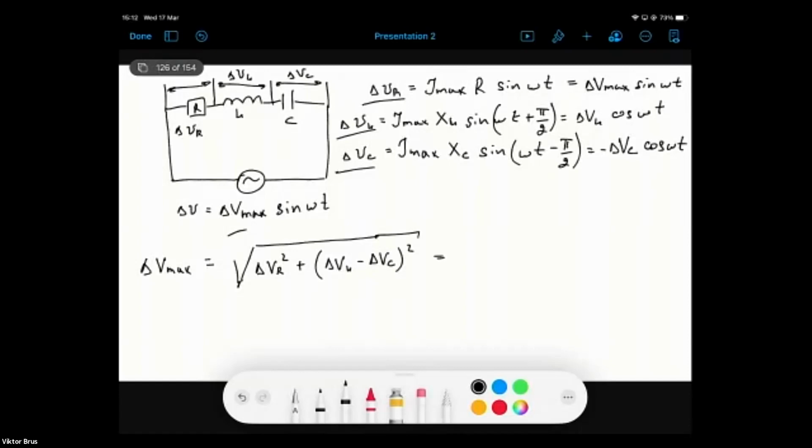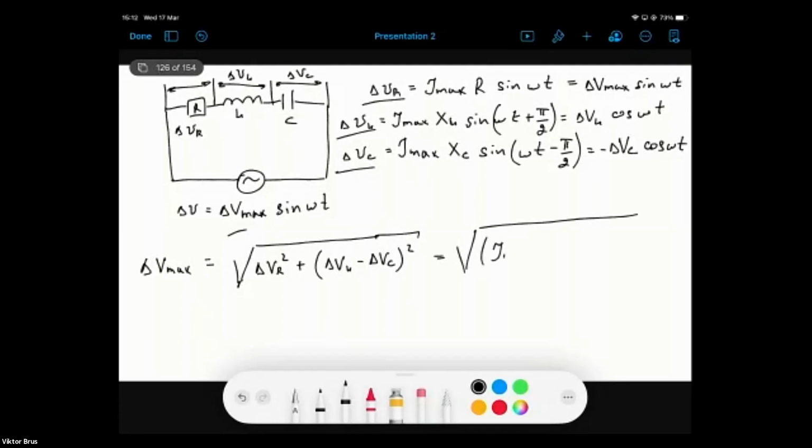Now, instead of this voltage, we can represent it as a product of maximum current and resistance, or inductive or capacitive reactance. So let us do it.